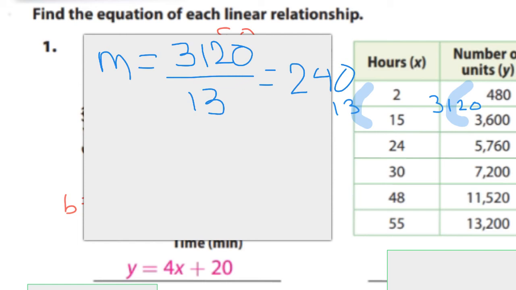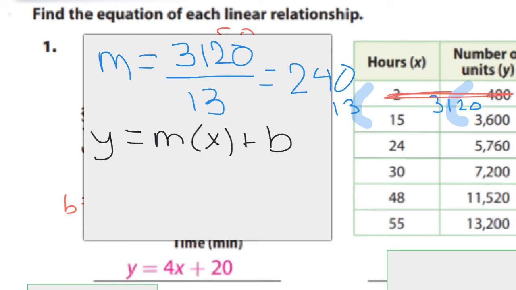Okay, so now for your intercept. So your intercept, y equals mx plus b. And I'm going to use this first ordered pair. What a mess I've made. So let's see. I want 480. Miss Anderson, pay attention. I want 480.